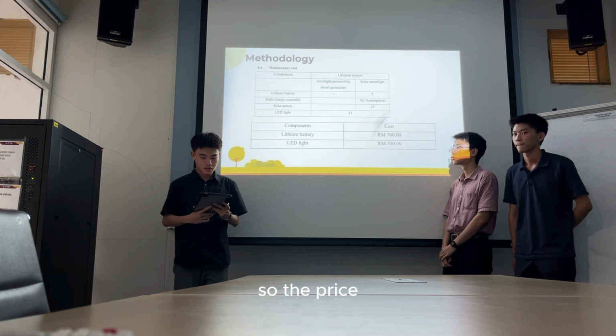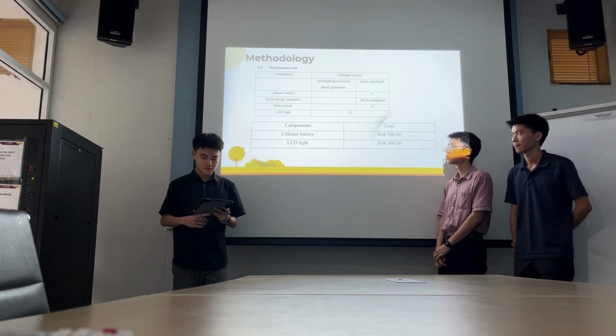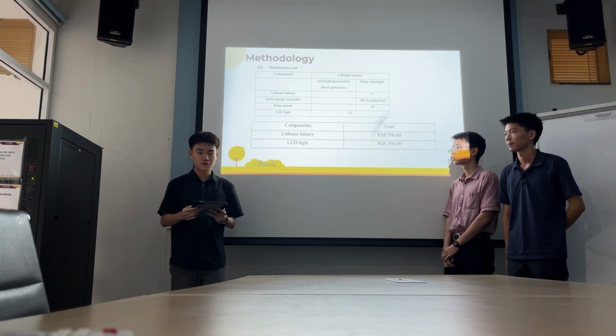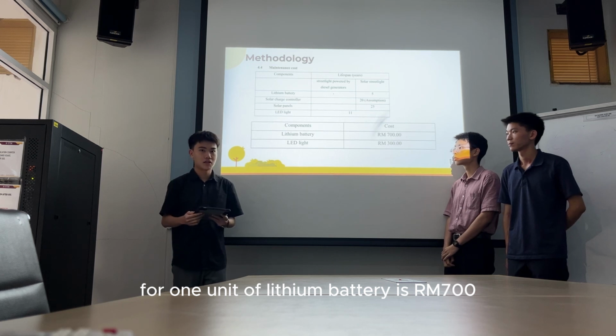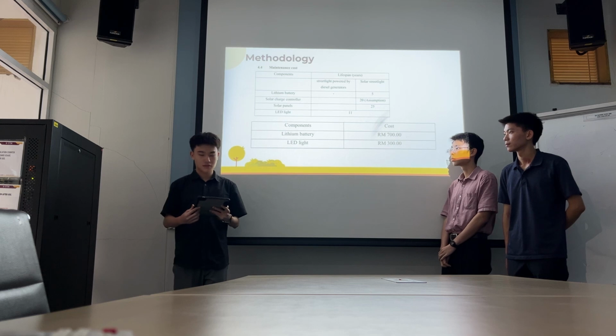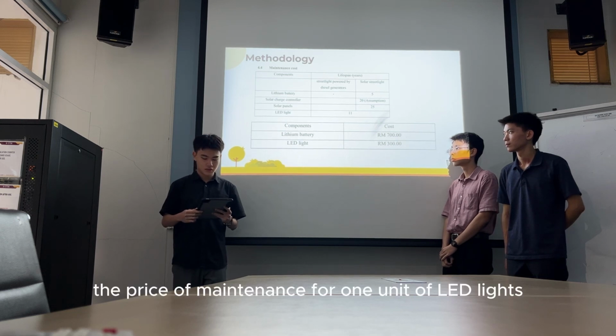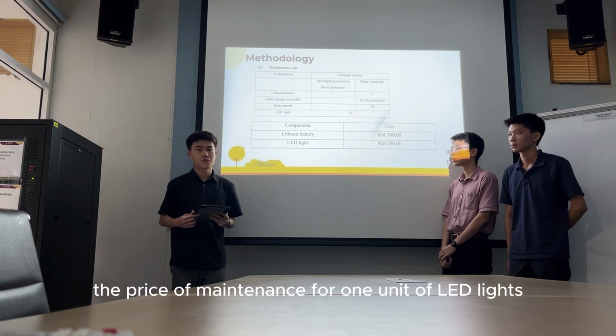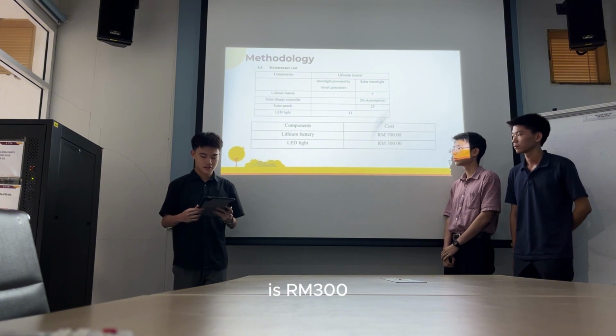The price for each unit of the lithium battery is 700 ringgit, and the price for the maintenance of each unit of LED light is 300 ringgit.